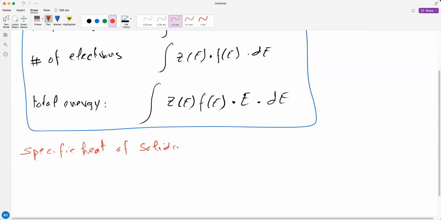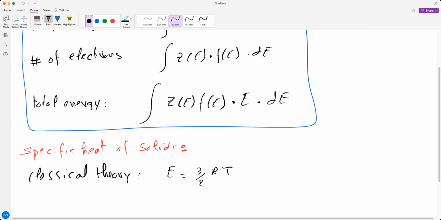So these free electrons contribute to the specific heat of solids. Okay? The classical theory of metals tells us, as we have seen, that the energy is equal to 3/2 RT.